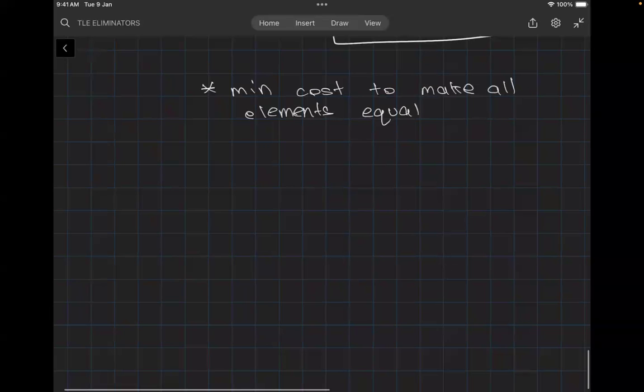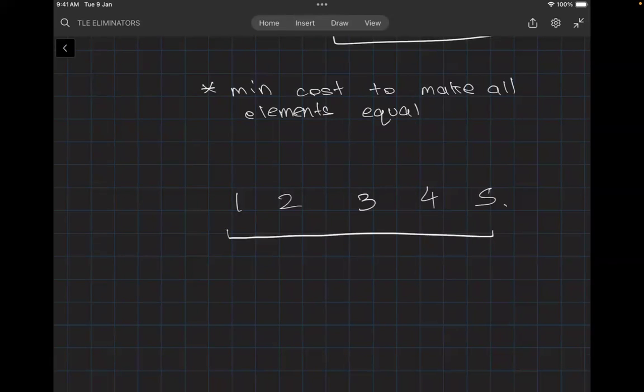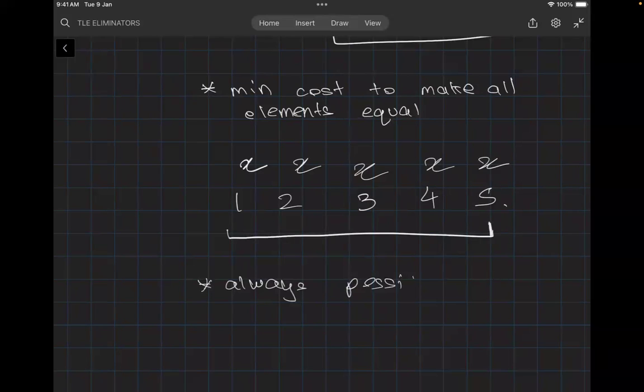So the first observation is that if all elements are different, I could have just selected the entire array and made it into whatever x, x, x, x, x. So it is always possible. First thing, always possible. But is this optimal?